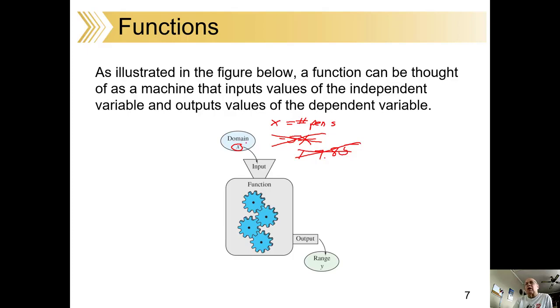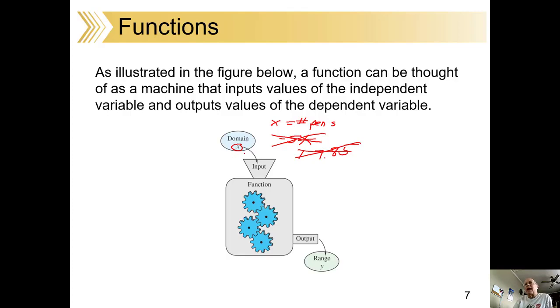So 0, 1, 2, 3, 4, and so on. It'll depend on what the situation is, what the scenario is, what your domain is. What x's can you really pick? What numbers can you really pick for the x?